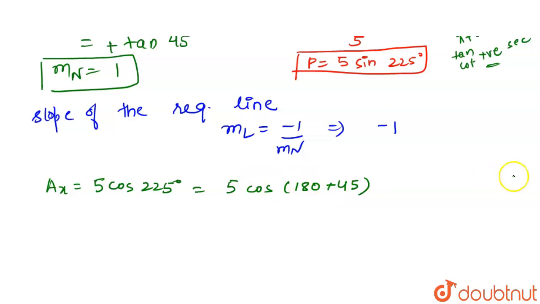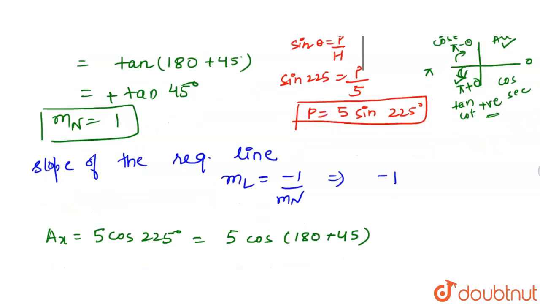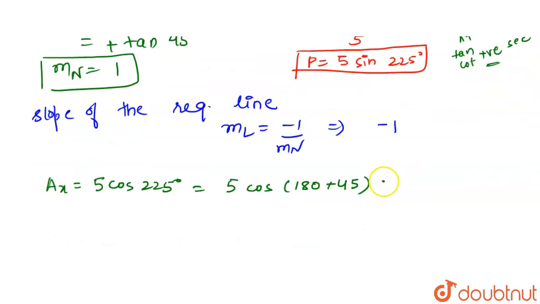So this is again lying in the third quadrant. In the third quadrant only tan and cot are positive, not cos and sec. So we will get a negative cos. So minus 5 cos of 45, right?